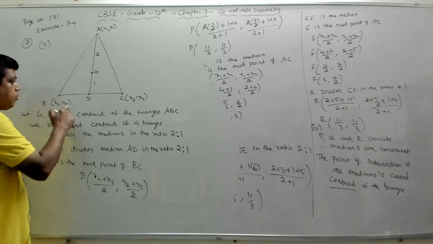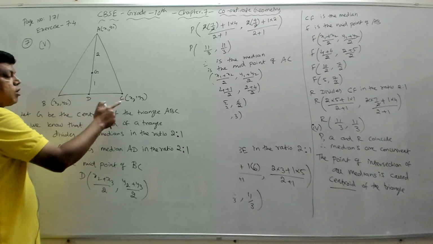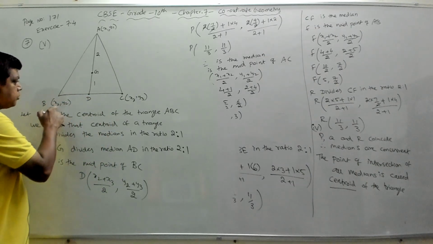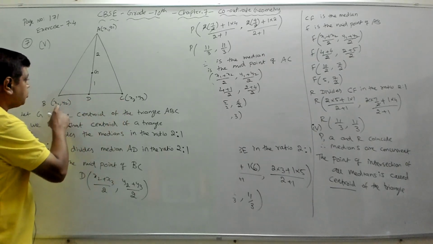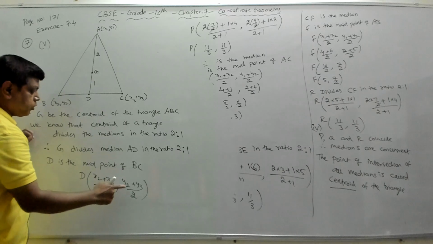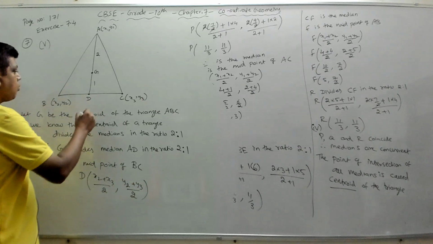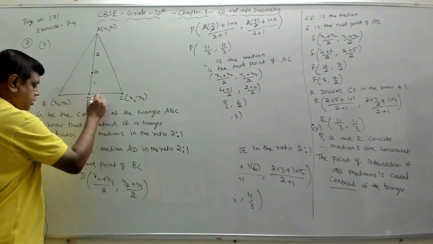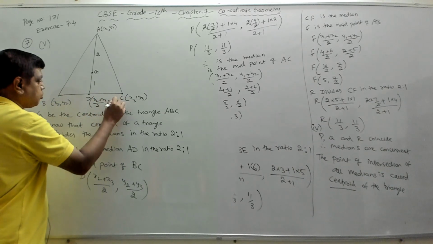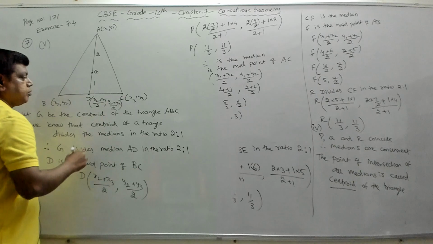Here it is x2 plus x3 by 2 comma y2 plus y3 by 2. That is your coordinate D.